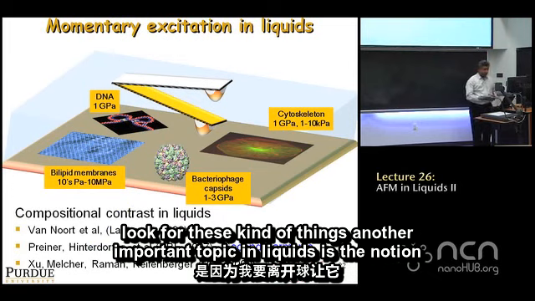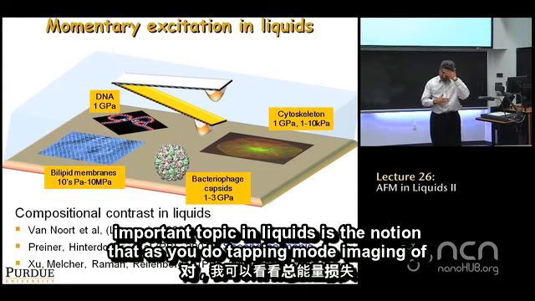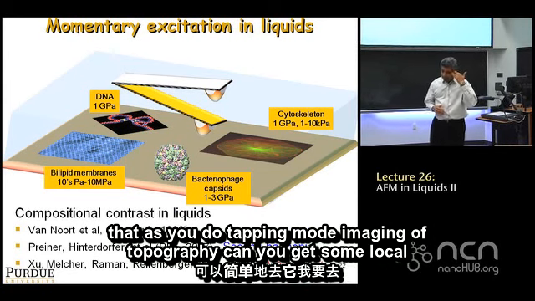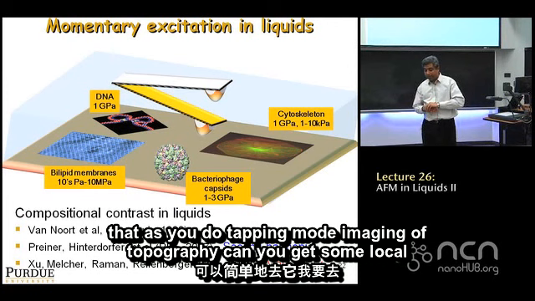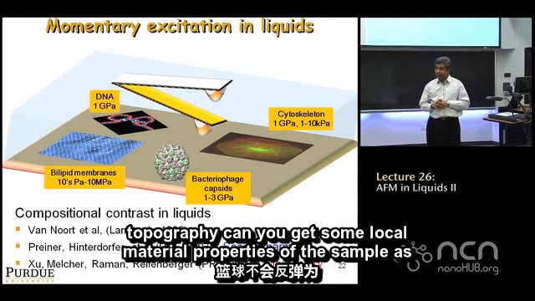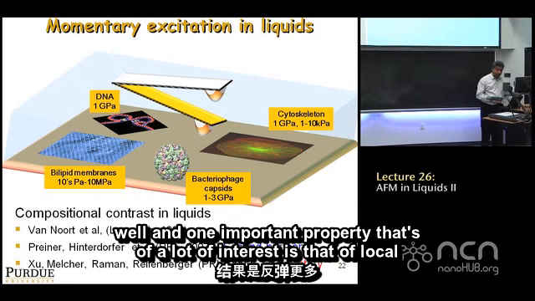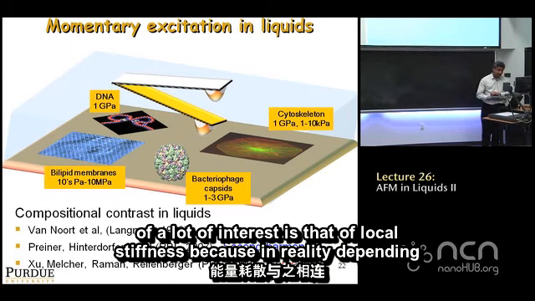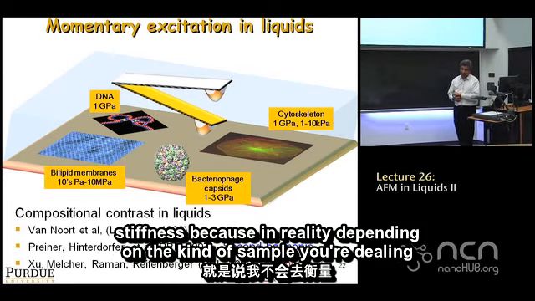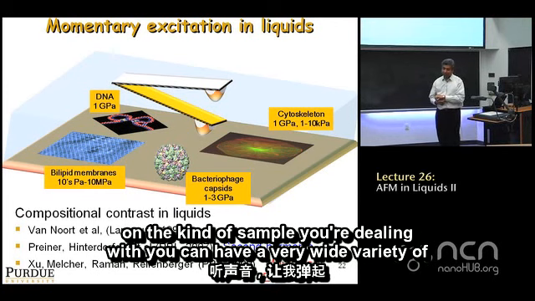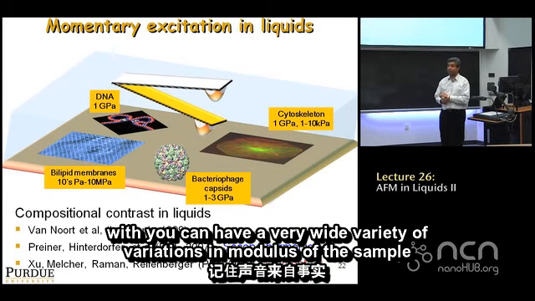Another important topic in liquids is the notion that as you do tapping mode imaging of topography, can you get some local material properties of the sample as well? One important property that's of a lot of interest is local stiffness, because depending on the kind of sample you're dealing with, you can have a very wide variety of variations in modulus.